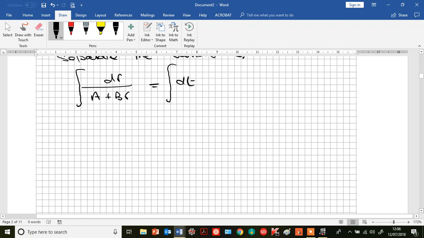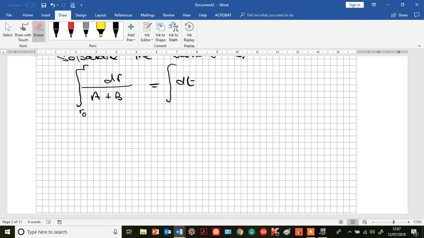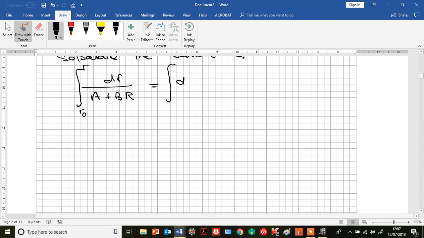Now I haven't stated what the initial conditions are because I forgot to put those in, but we'll assume that the meteorite starts with a radius of r0 and goes up to some radius r, but because we can't have a limit as a variable as well, we'll call this big R, and I'm going to call that d tau.